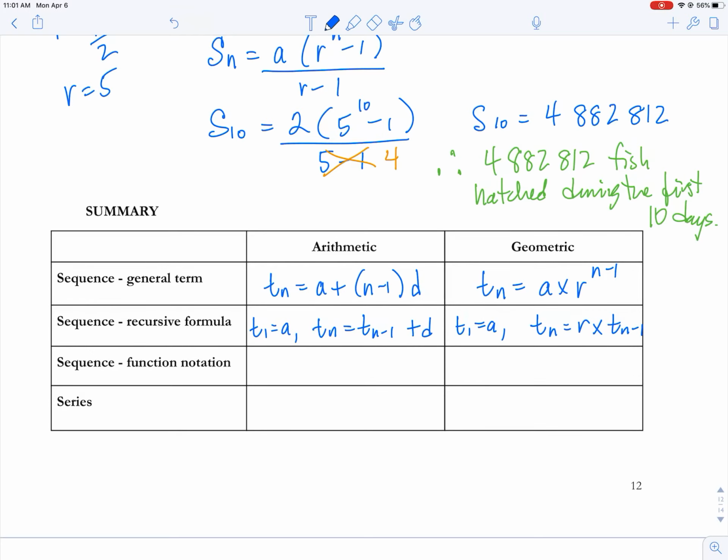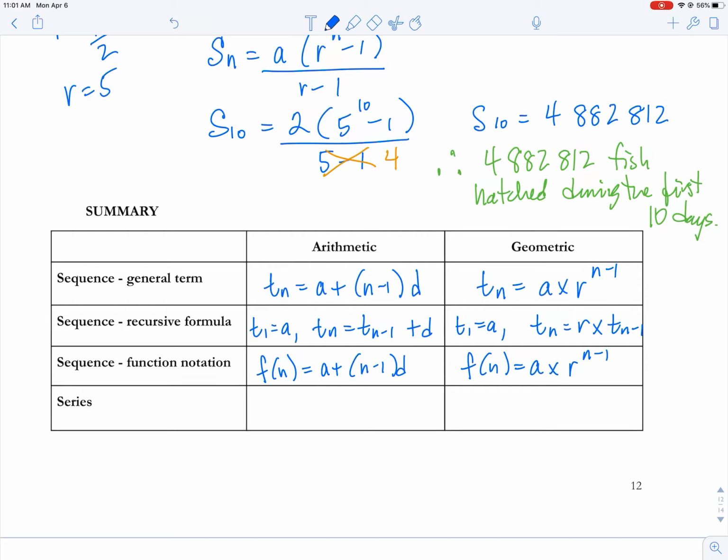For function notation, f of n equals a plus n minus 1 d. And for geometric, f of n equals a times r to the n minus 1. Looks the exact same, except now we're using function notation.